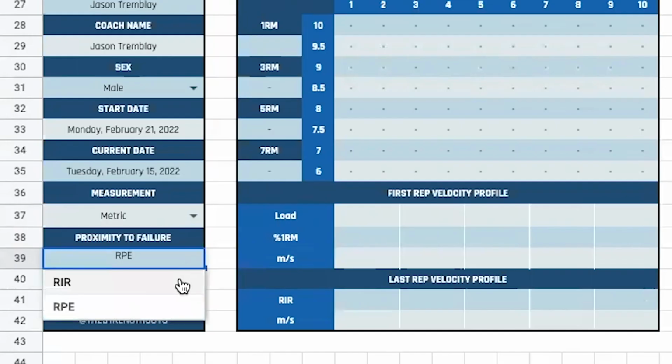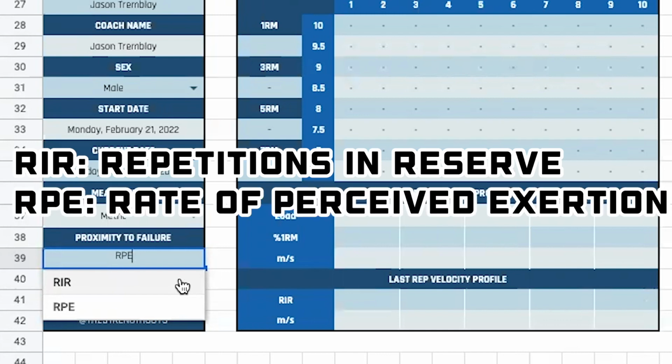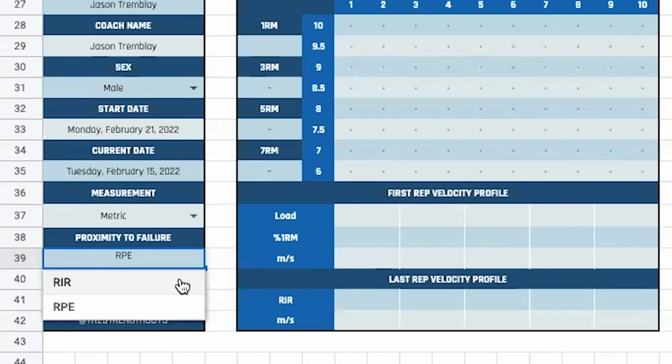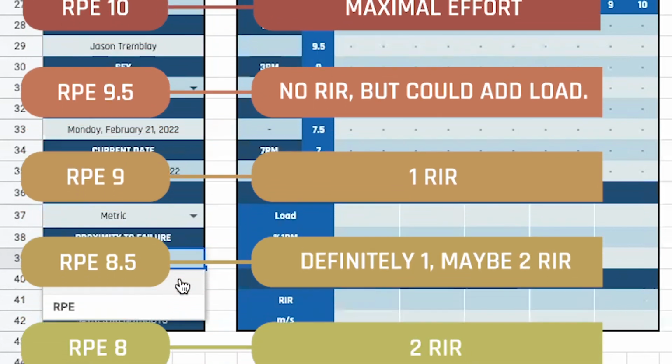These are two of the same concepts, RIR and RPE. RIR stands for repetitions in reserve. RPE is a scale that's been around for decades. In powerlifting for the past, I'd say over a decade now, we've used an RIR-based RPE scale. So RPE 10 represents 0 repetitions in reserve.